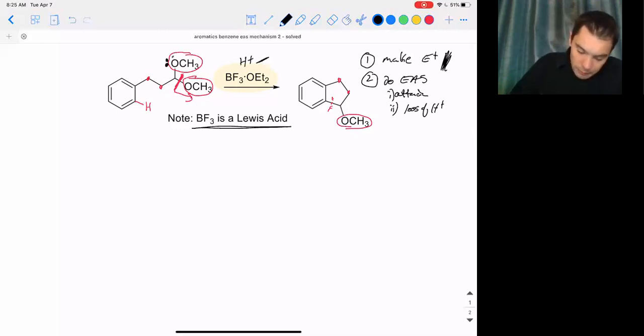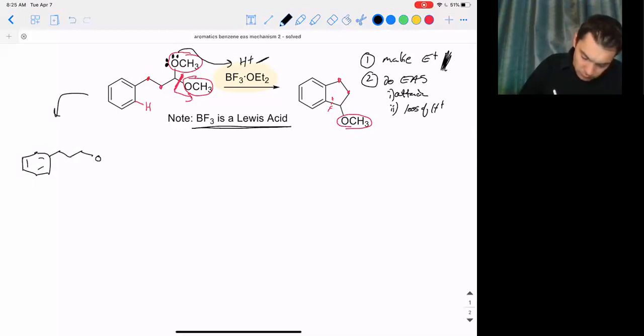Now our basic atoms are going to be the oxygen atoms. So they're the ones with the lone pairs on them. And so I'm going to start by protonating that intermediate. After you protonate an alcohol, it becomes a leaving group.